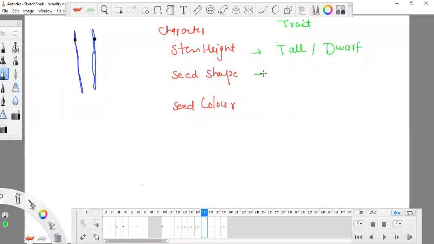And for seed shape it was round and wrinkle. Okay, that is round and that is wrinkle. For seed color it was yellow and green.